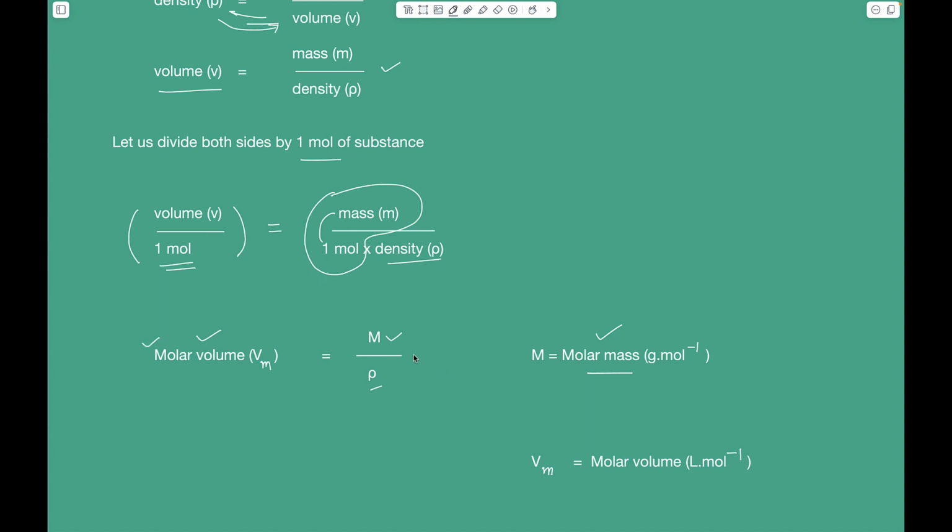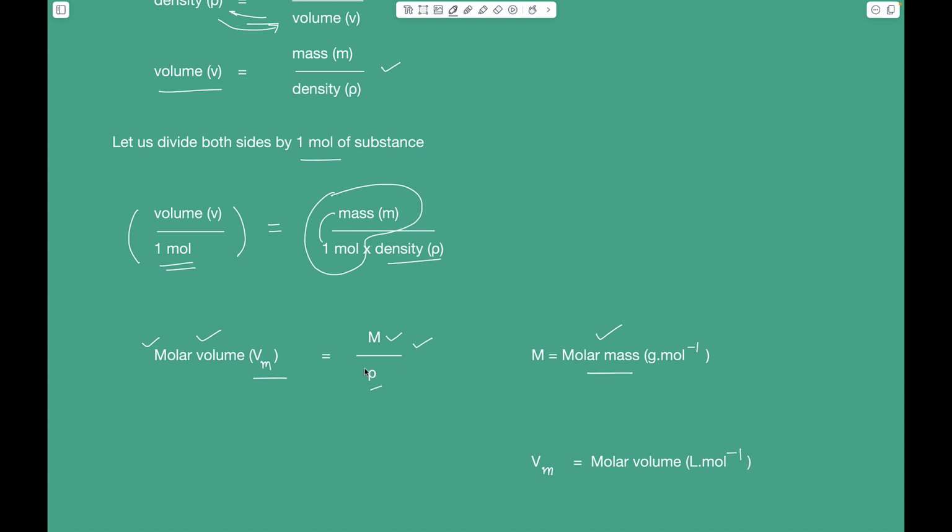So molar volume is the volume of the substance per 1 mole of the substance, and it is given by the ratio between its molar mass and density. Molar volume is denoted by capital V with the subscript small m.